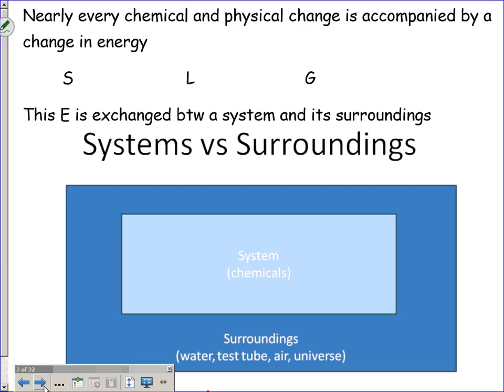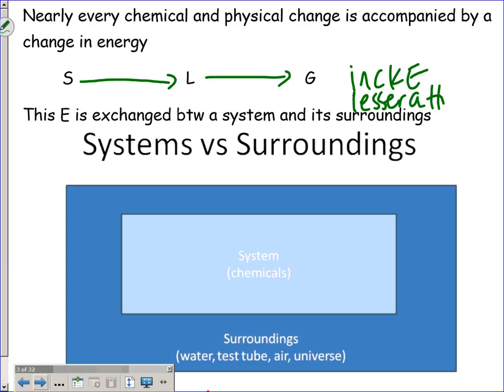So tell me really briefly, if I go from solid to liquid to gas, what's happening to my kinetic energy? It's increasing in kinetic energy, okay, due to the lesser attraction between the solids, the liquids, and the gases, because they're starting to spread out, and the potential energy is also changing.